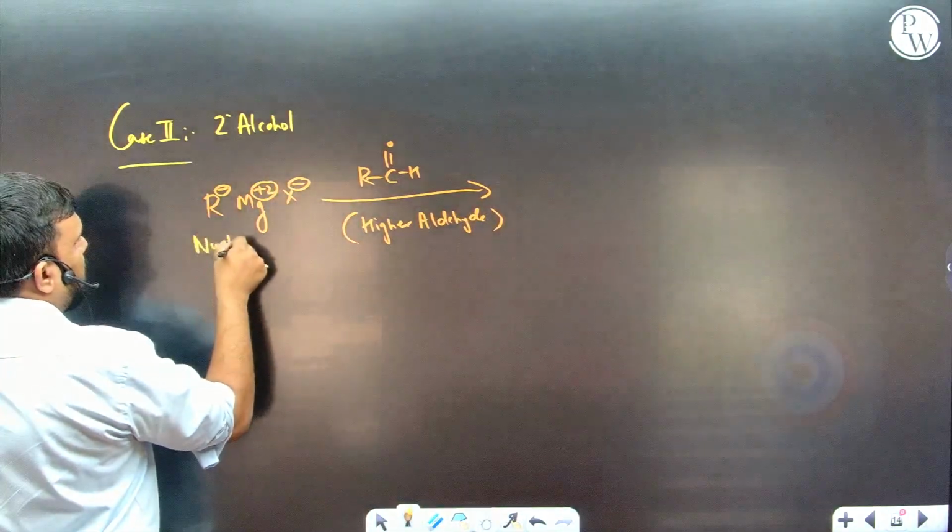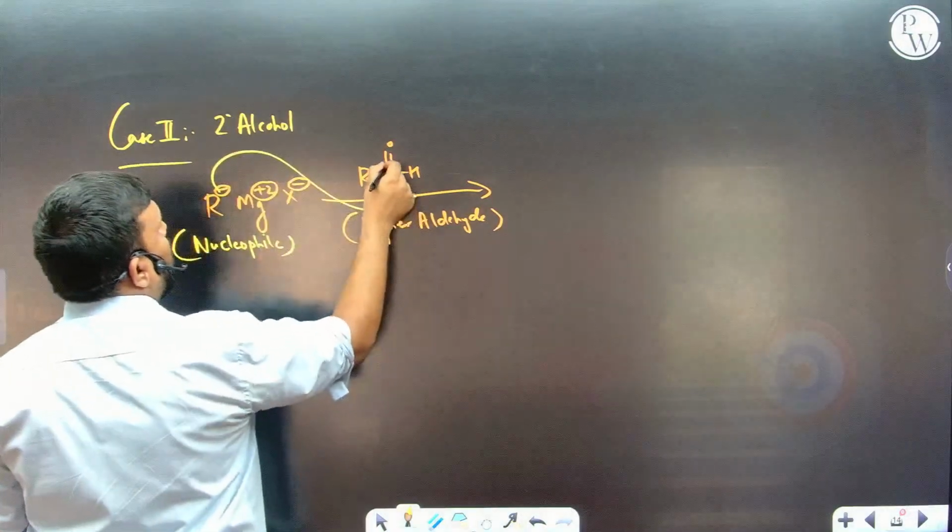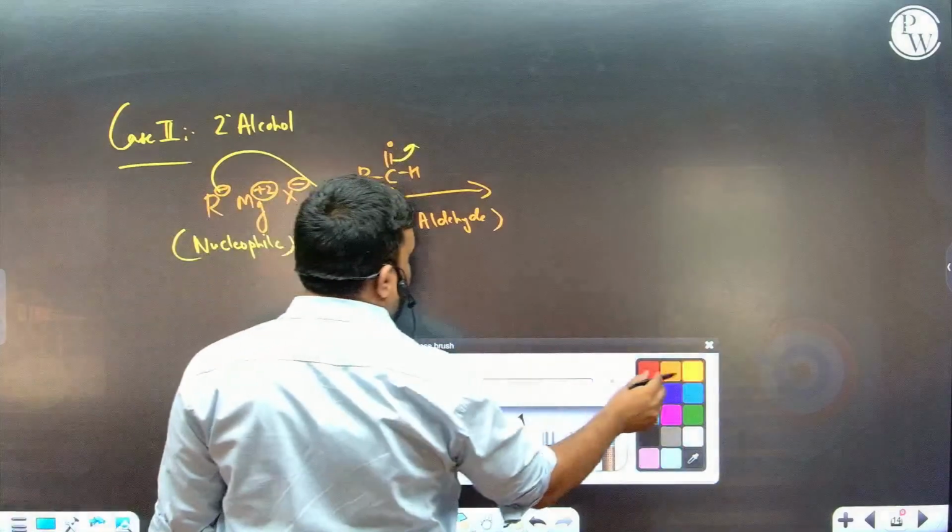It will attack this C double bond position, and the electrons will shift upward.